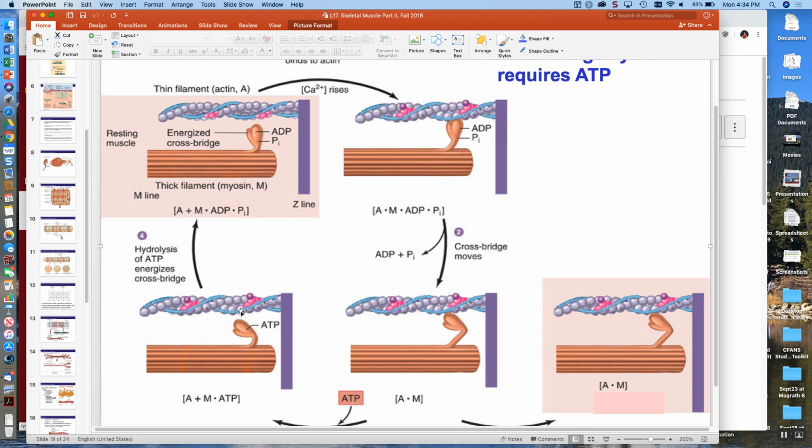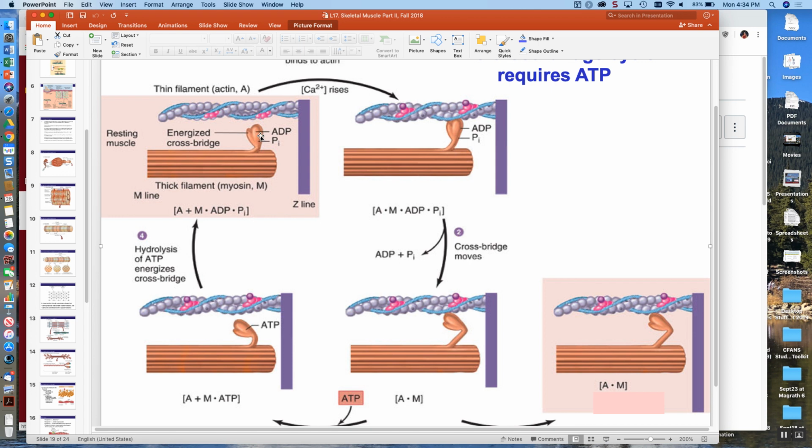So now ATP is bound to the ATP binding site on the myosin head, and once it hydrolyzes to ADP and inorganic phosphate, it re-energizes the bridge.